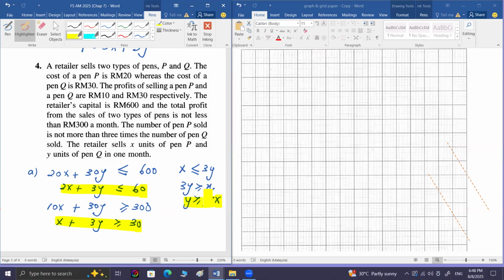But for these questions, you're asked to use a scale of 2 cm to 10 pence on the x-axis, and 2 cm to 5 pence on the y-axis. So you shade the region of R first, okay? Then later on, I'll show you how to get to section B.